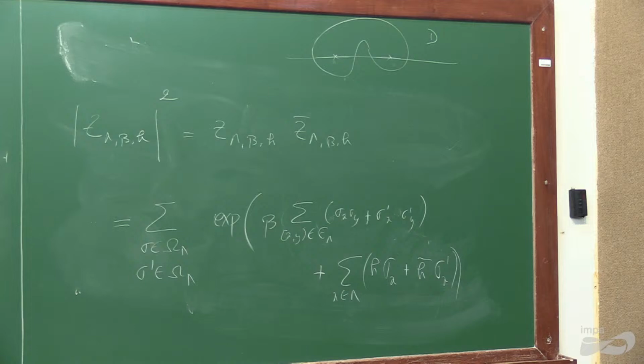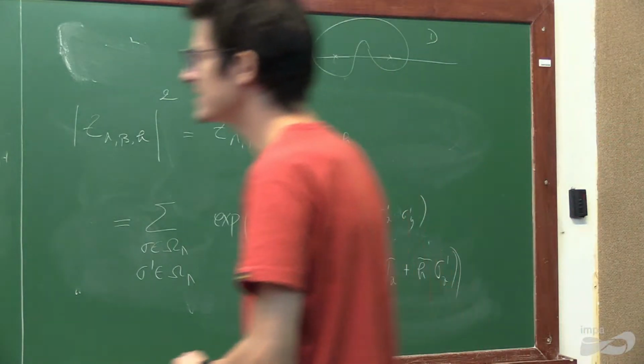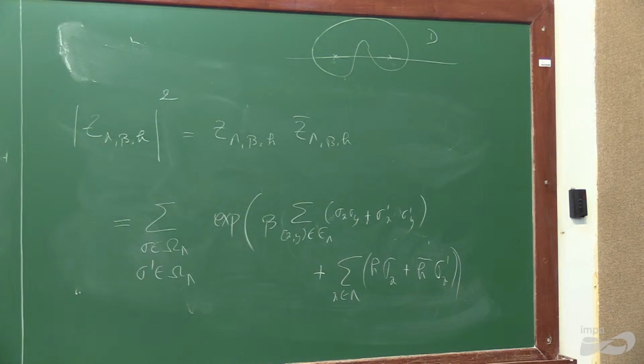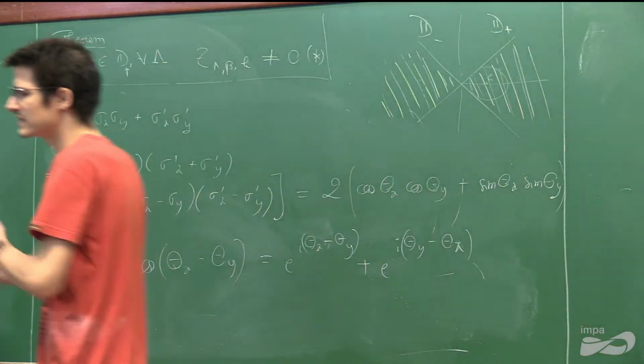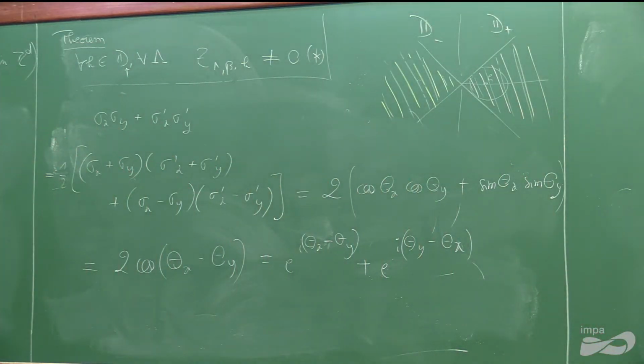The idea is then to expand the exponentials, and then you will get lots of crazy coefficients in exponential I theta. But the idea is quite simple. It's the same we used many times for the spin things.